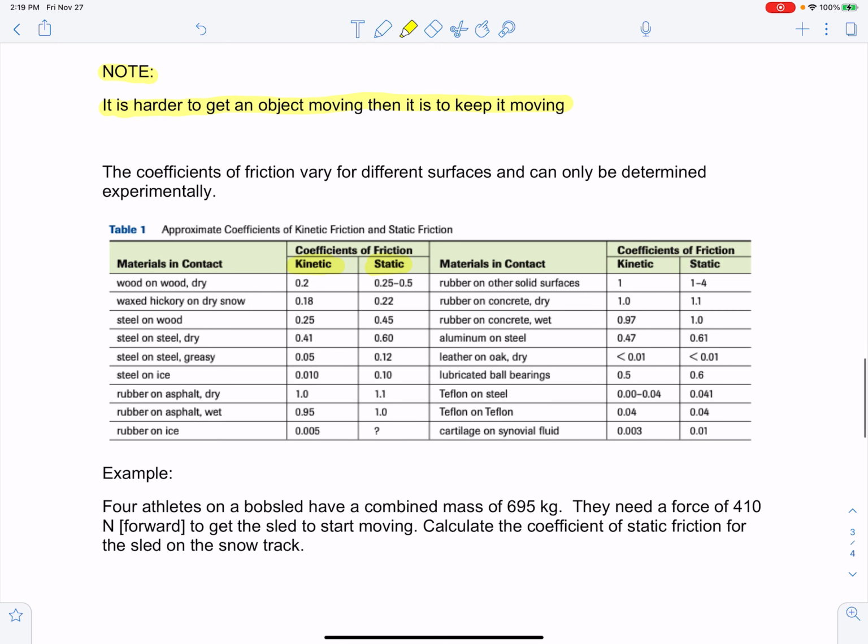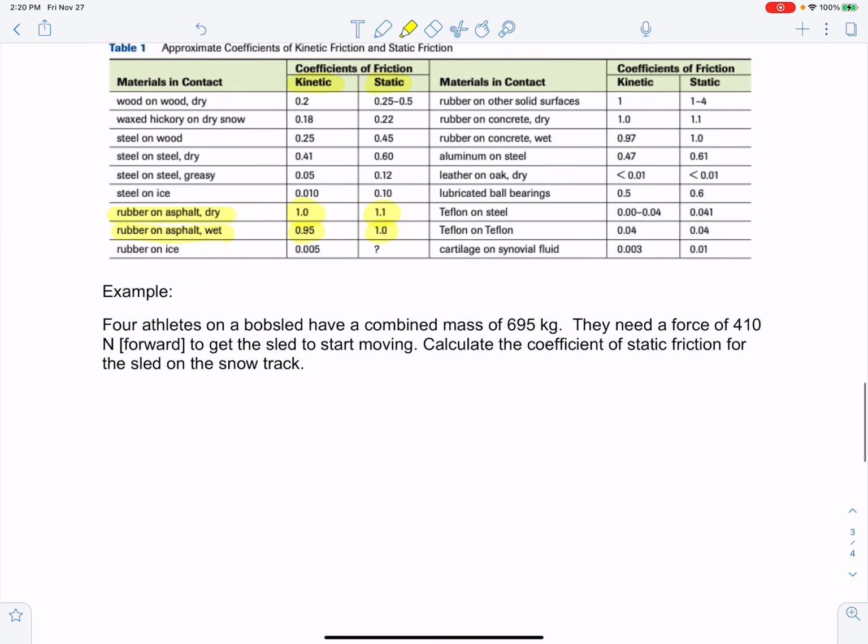So we have things like rubber on dry asphalt, and this is an important coefficient of friction for moving objects or objects at rest because rubber is used on tires, and tires drive on asphalt roads, so we want to know how much friction is present. Notice that the numbers change when the asphalt is wet. The values for the coefficient get smaller, which means friction gets smaller, which means that these surfaces are more slippery.